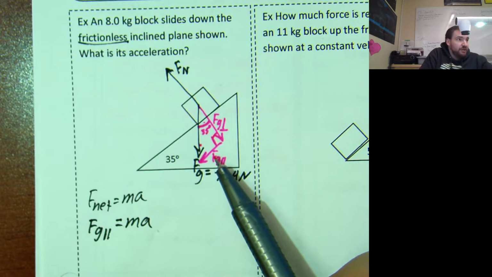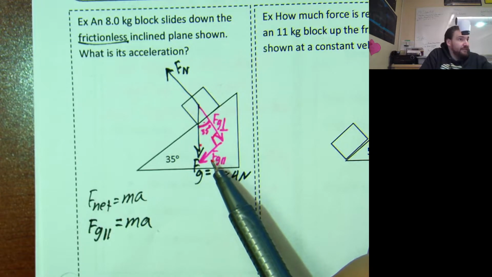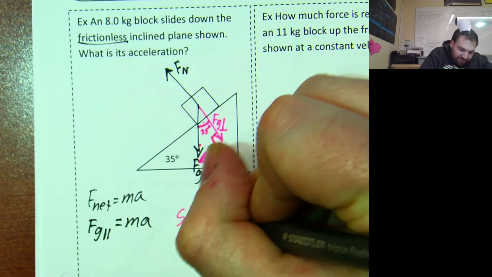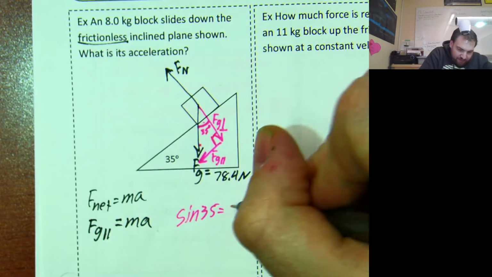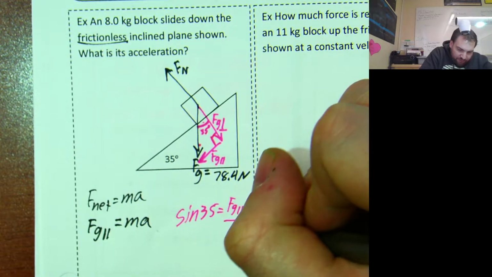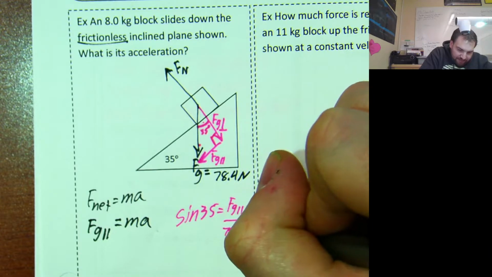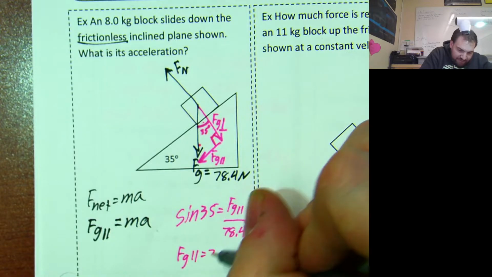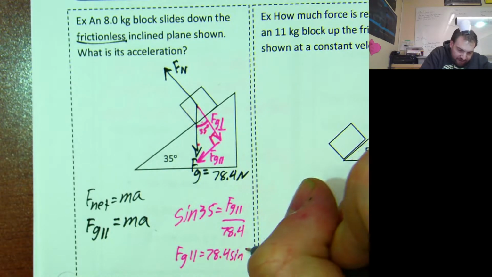So I need sine, because sine uses opposite and hypotenuse. So sine 35 is going to equal FG parallel over 78.4. So FG parallel is going to equal 78.4 sine 35.